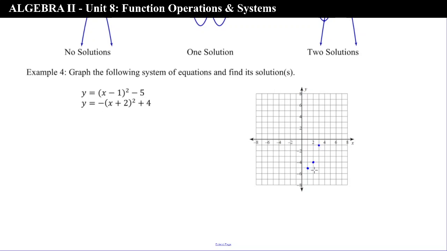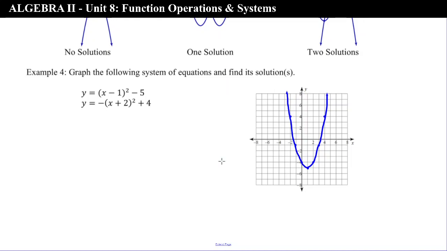Over 2 up 4, over 3 up 9. And then same for the other side. Use your axis of symmetry to reflect the points over. And then we're going to sketch our line through this first parabola. So there's our first parabola.